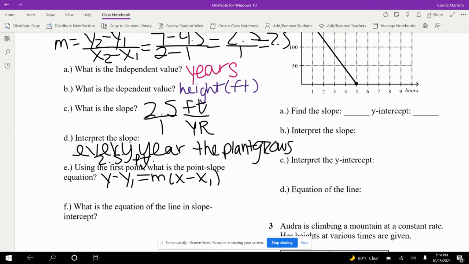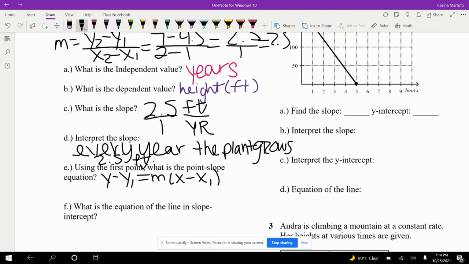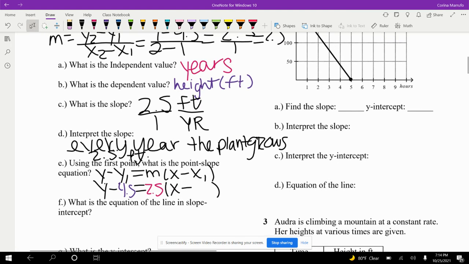So then instead of y1, I'm going to put, go ahead and copy it down. y minus equals m times x minus. And so the y1 we said was 4.5. The slope m we know is 2.5. And then the x1, I already forgot the x1, it's 1.